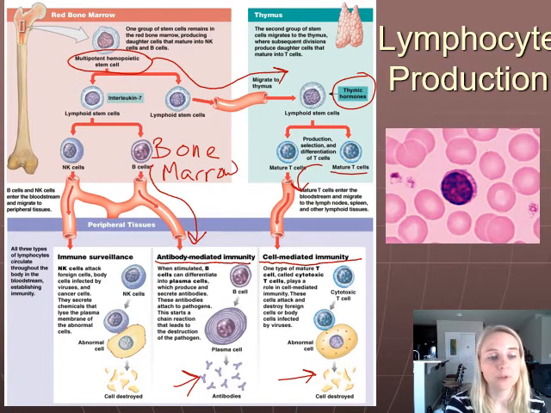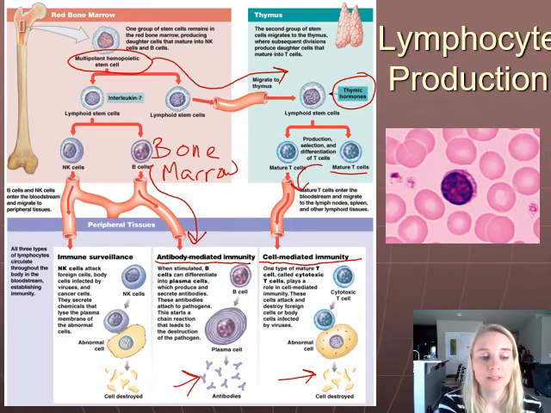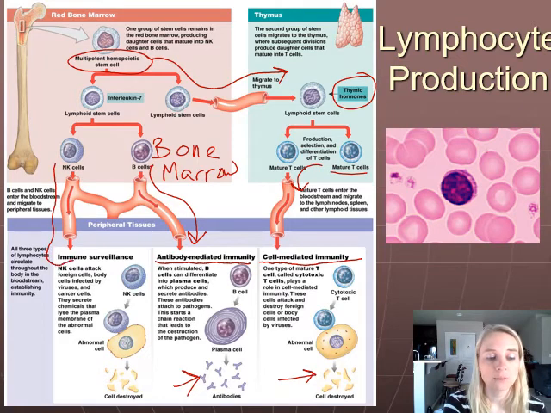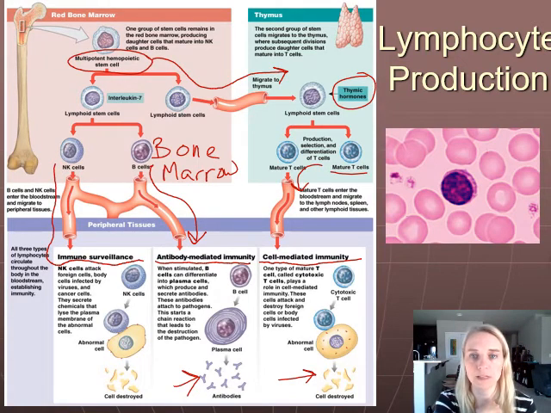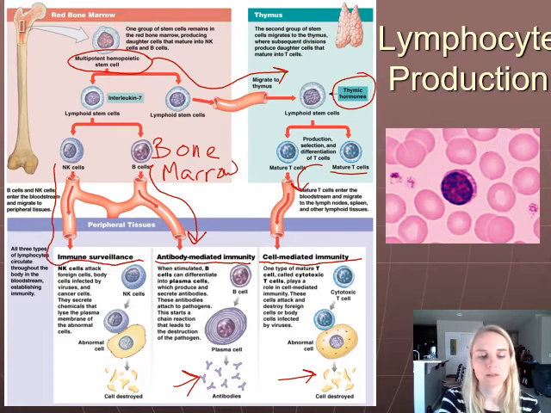That third group, the natural killer cells, also mature in the bone marrow. They go into the blood supply, and then they do what's called immunological surveillance, or immune surveillance. These are natural killer cells, and they are part of what we call innate or non-specific defenses, and I'll cover those in the next little mini lesson.